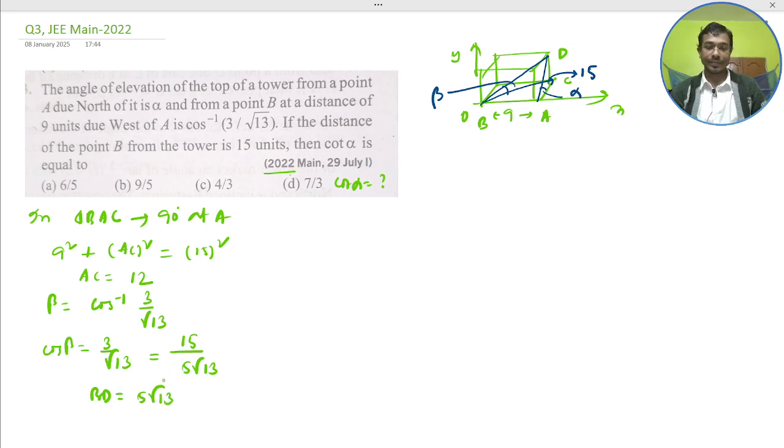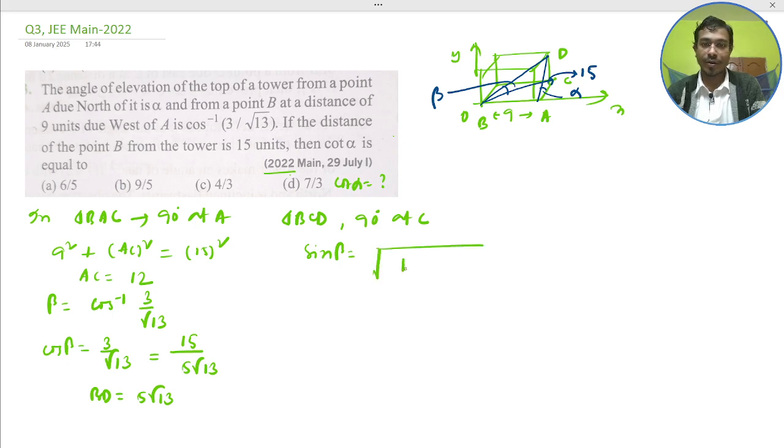Next, in triangle BCD, 90 degree at C. So here also the sin beta, that is equal to root over 1 minus cos square beta. So this is equal to 2 by root 13. So 2 by root 13 equal to CD divided by 5 root 13 from the previous.